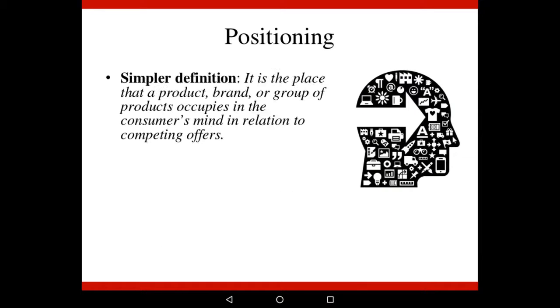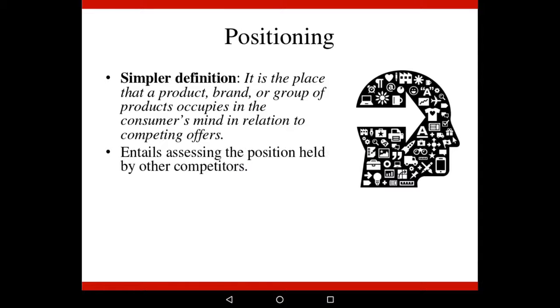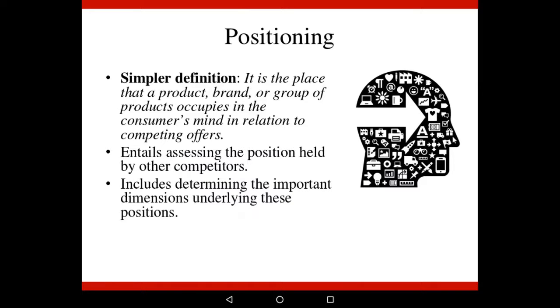A simpler definition is that it's the place that the product, brand, or group of products occupies in the consumer's mind in relation to competing offers. It's basically how customers think about the product in their minds, and how they compare the product in their minds to other competing products. It entails assessing the position held by other competitors, and includes determining the important dimensions underlying those positions.